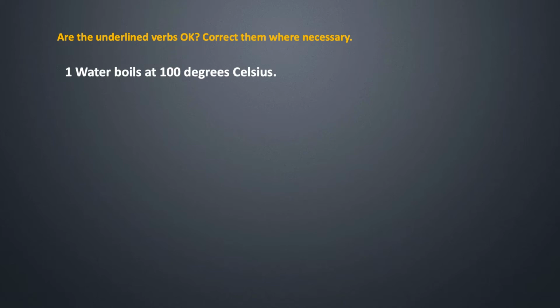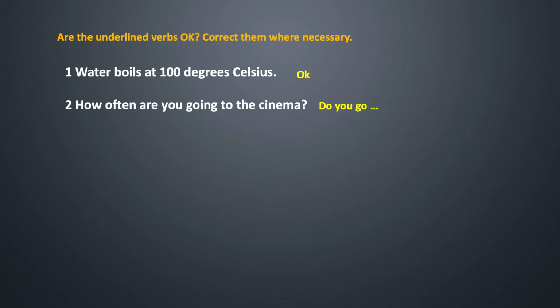This sentence is okay. How often are you going to the cinema? Is that correct? No, we usually say, how often do you go to the cinema? Because we are speaking about things that happen repeatedly, right?